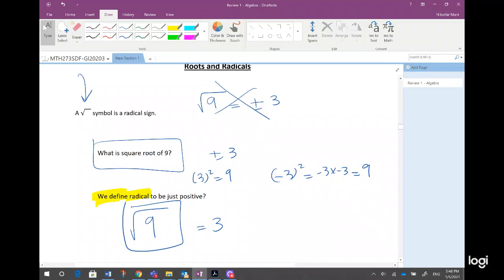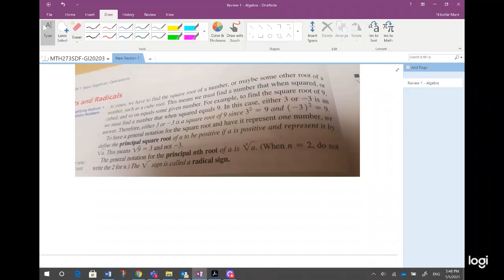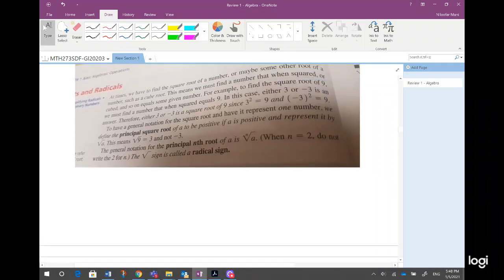But when I show this symbol, this symbol is defined, and when I define something, I cannot change it. That's a definition. Look here. This is just a piece from a math book.